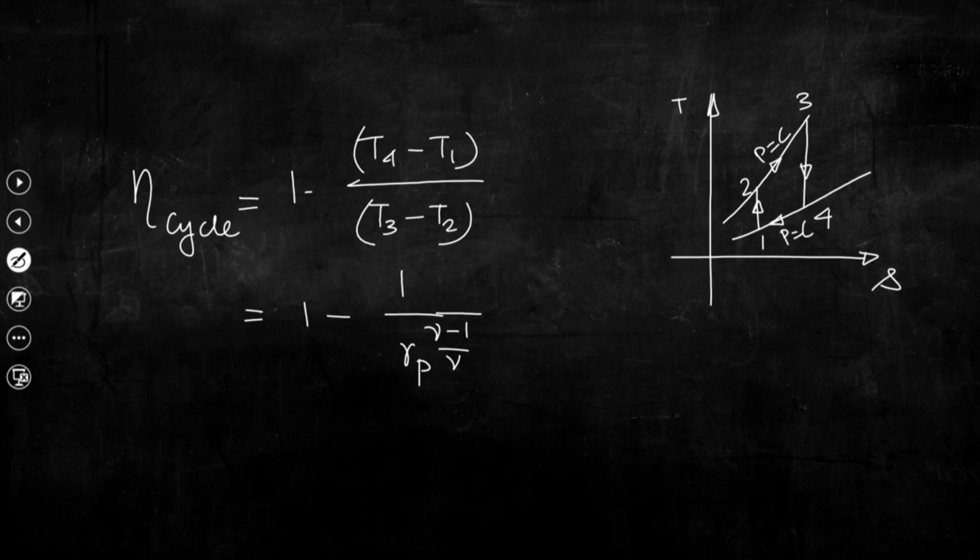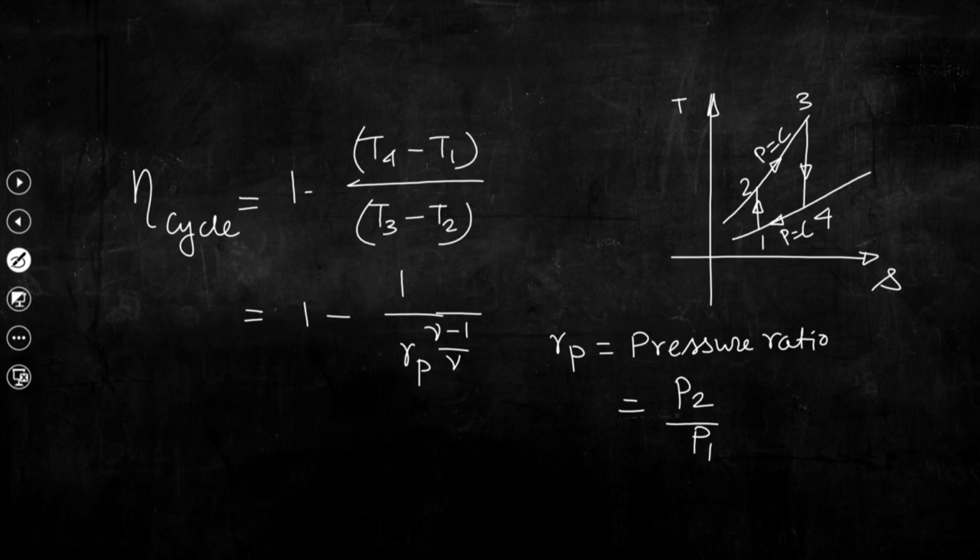And we could represent the cycle efficiency by defining the pressure ratio, Rp, which is equal to P2 by P1. So, you can see the rise in pressure of the working fluid by this compression process, from P1 to P2. The ratio of these two pressures is known as the compression ratio.